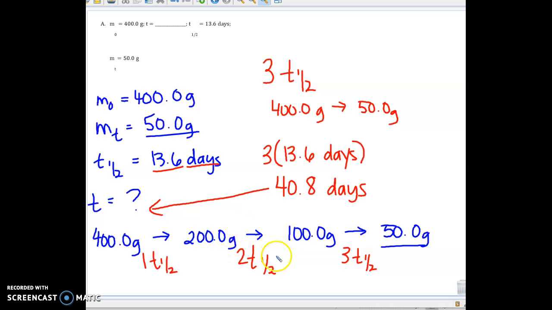Then after another 13.6 days, I had 100 grams left. And then after another 13.6 days, I had 50 grams left, which is what they told me I had. So I went through 3 half-lives, each one 13.6 days, so I multiply 3 times 13.6, and that gives me my time that has elapsed.